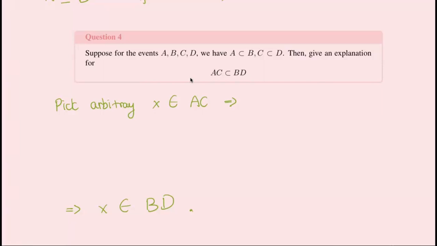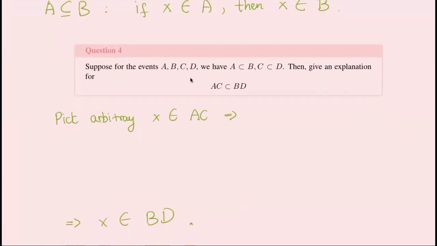Anyone got this? So if we pick an arbitrary element X in the set AC, then what can you tell about X? Yes. So we have X is in A and X is in C. Right?